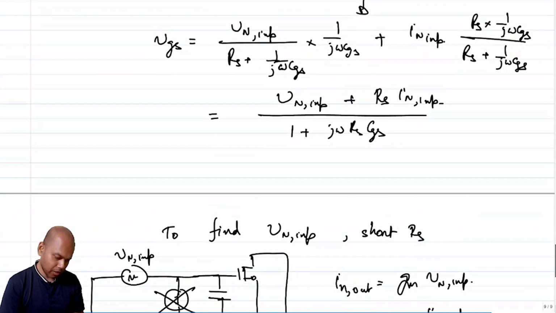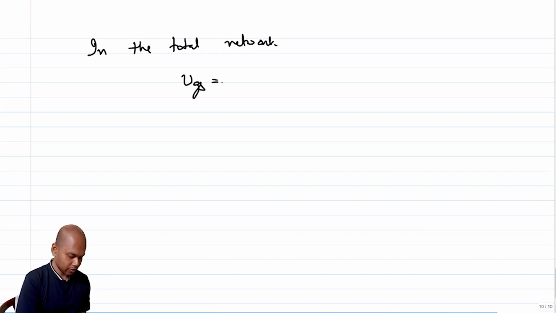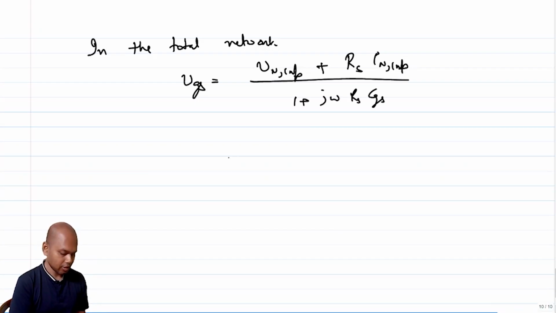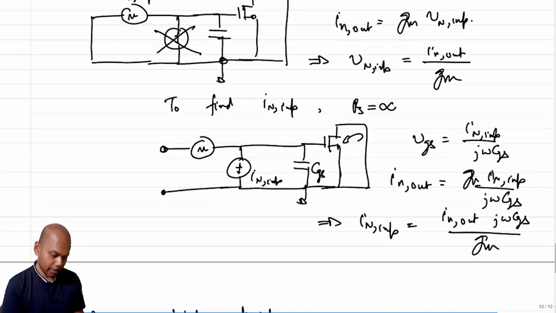Now let's plug in those values of Vn INP and In INP that we got. In the total network, VGS, which was Vn INP plus Rs times In INP by 1 plus j omega Rs CGS. And what is Vn INP? It is basically In out over gm.